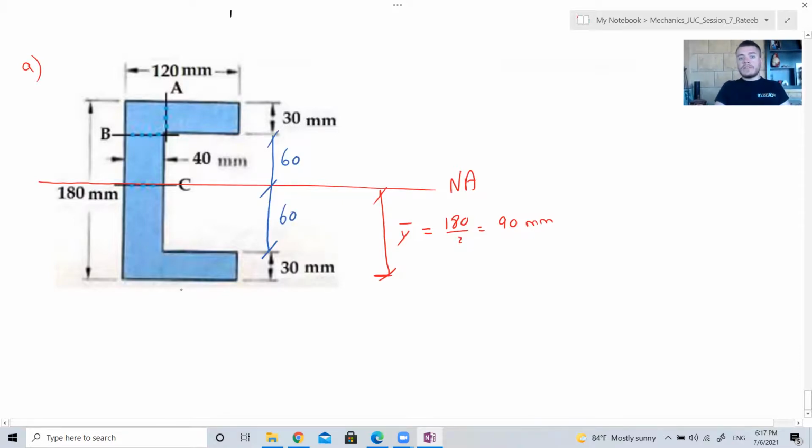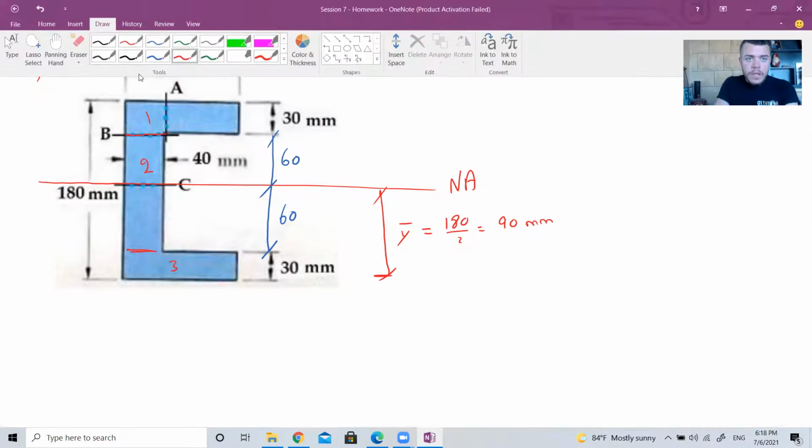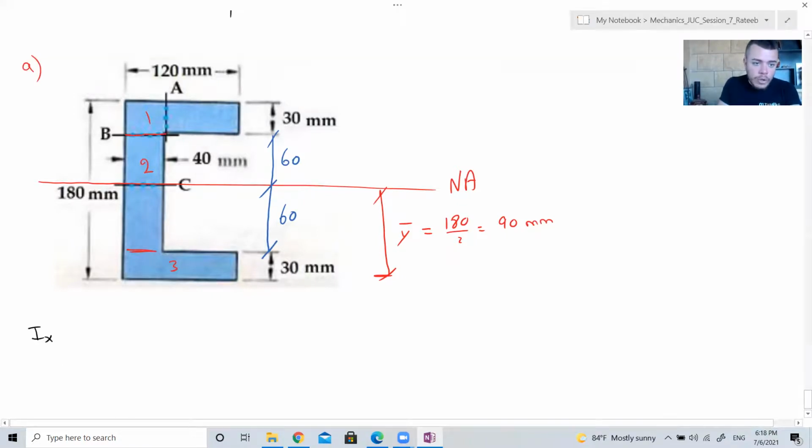Do you agree with this? Yes. How many shapes do you need to divide the cross section into? 3. Okay, I divided them this way: 1, 2, 3. Now to find Ix, what do I do? I find Ix1 bar.